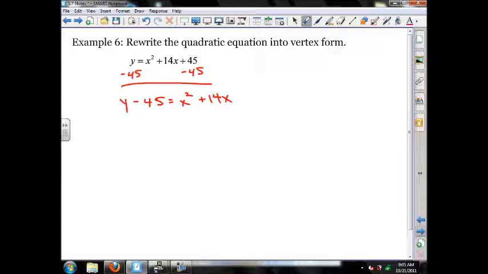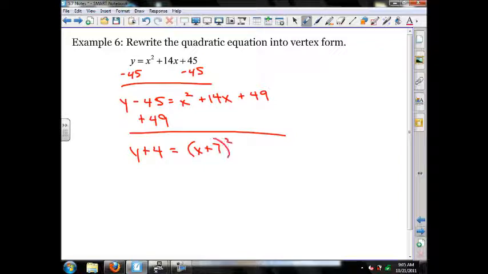So 49 on both sides of my equation. The left side simplifies to y plus 4. The right side should be x plus 7 squared. And then since I'm rewriting it in vertex form, I'm not solving for x. Vertex form is y equals a times the quantity x minus h squared plus k, right? So you want to get y by itself, so subtract 4 from both sides.